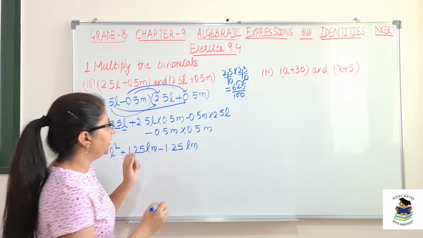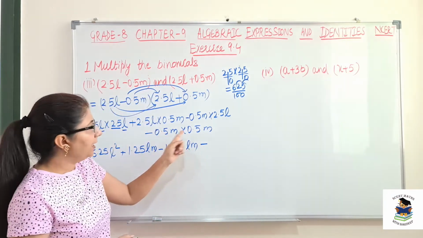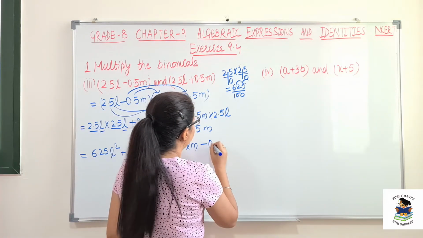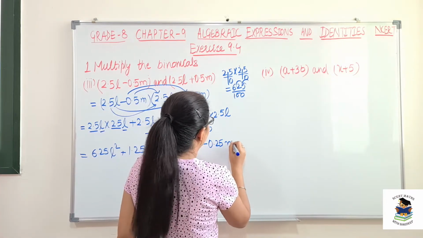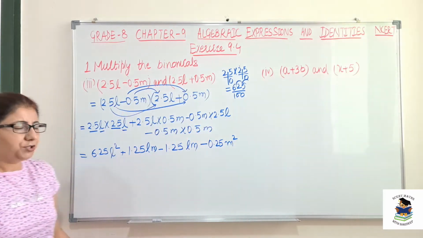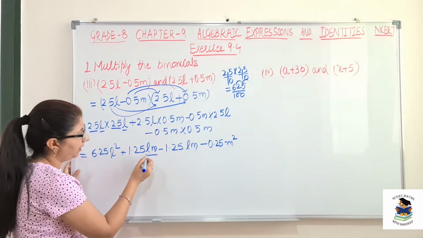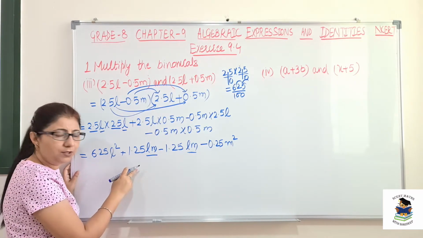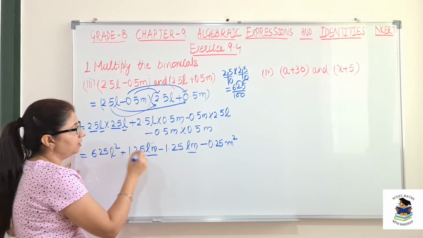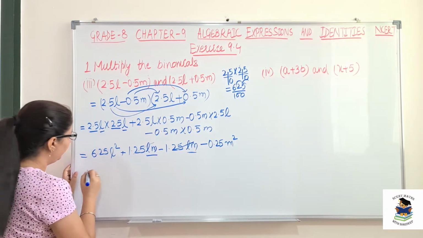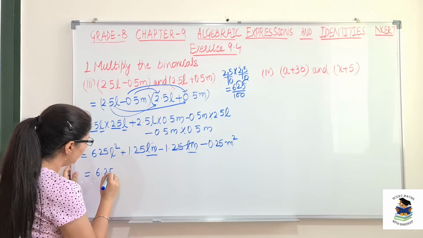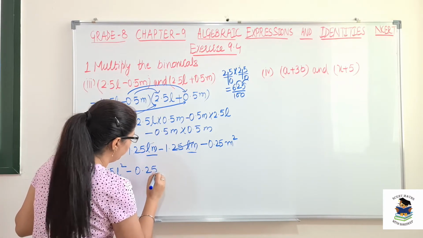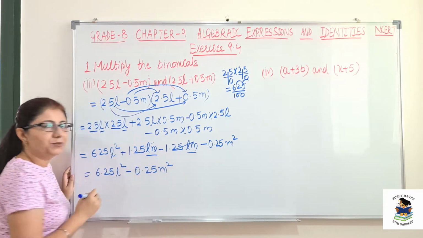And last is minus, so I will write minus 5 into 5, 25, and two decimals means 0.25m square. So now check for any like terms. I have this, and surprisingly both have the same numbers with opposite sign. So we will cancel them and we are left with 6.25l square minus 0.25m square.